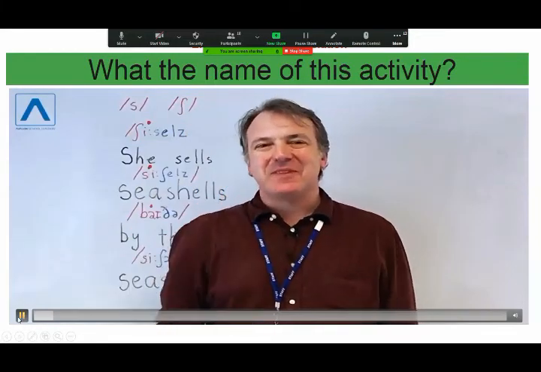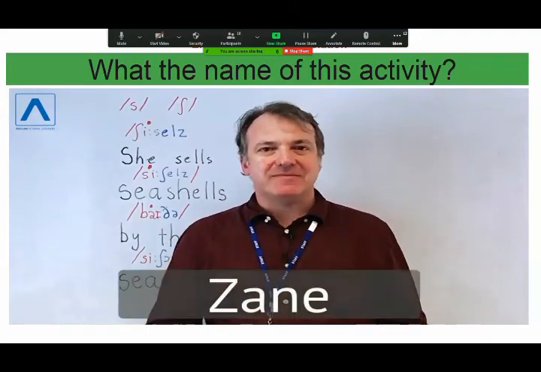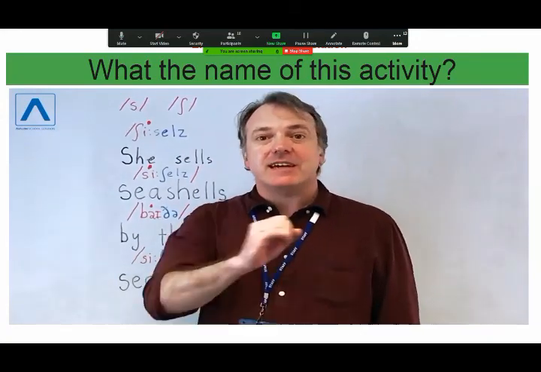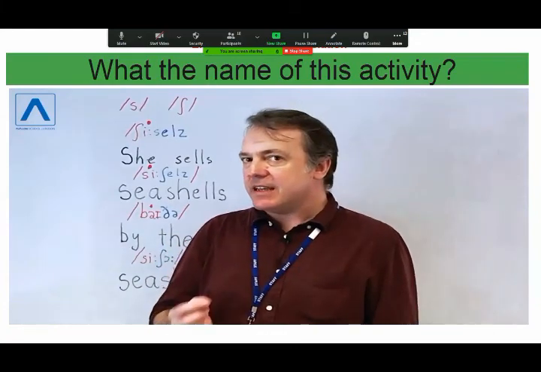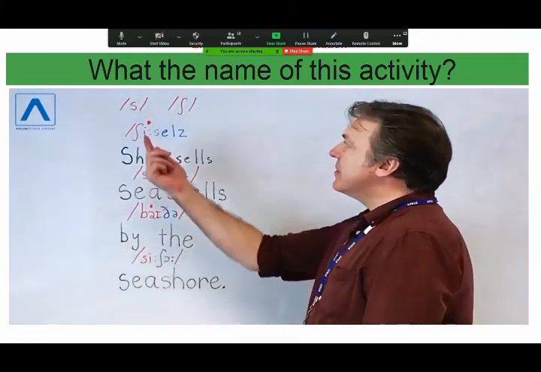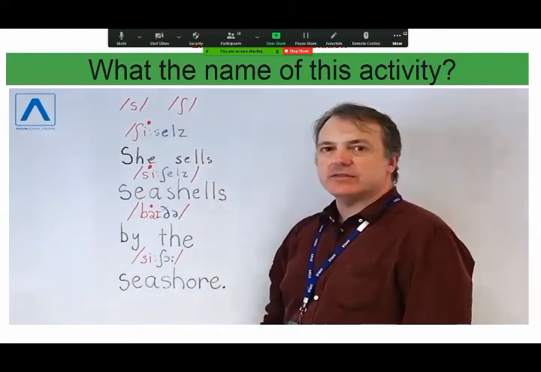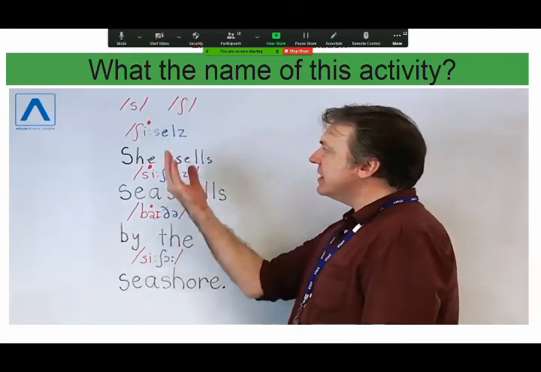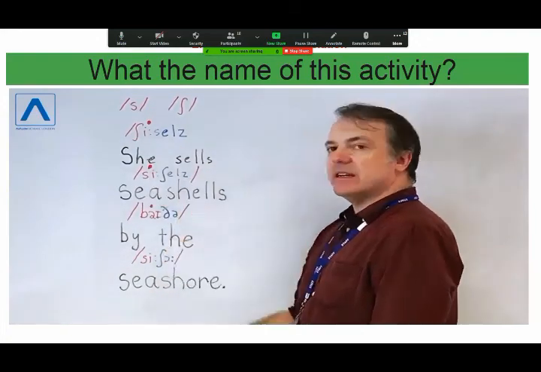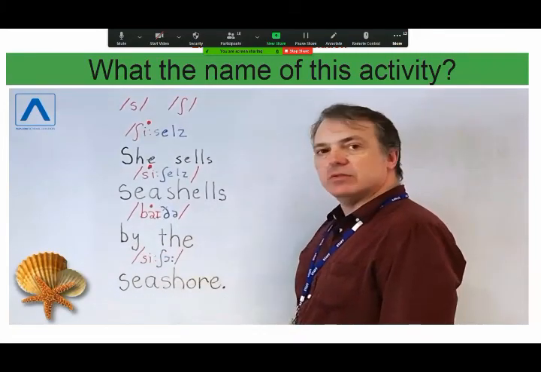Hi everybody, welcome back to Avalon Bites at Avalon School London. I'm Zane. Today it's time for another tongue twister. Okay, so the tongue twister we will look at today is to practice these two sounds, the s sound and the sh sound. Okay, so here's the tongue twister. She sells seashells by the seashore.